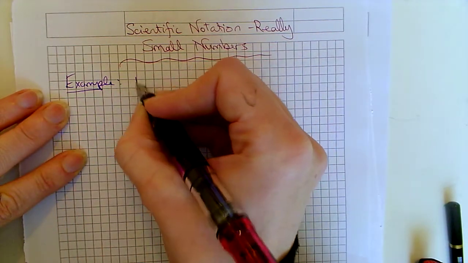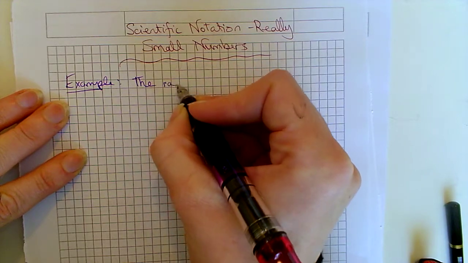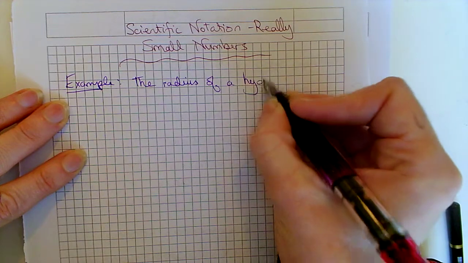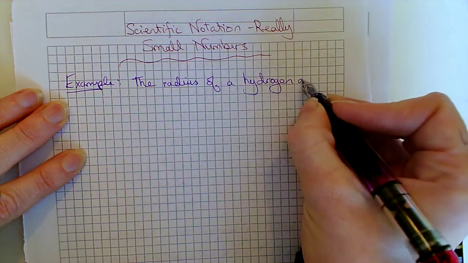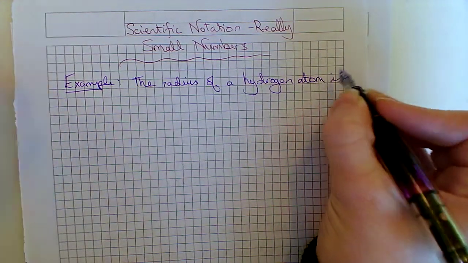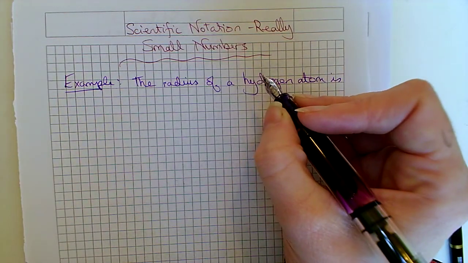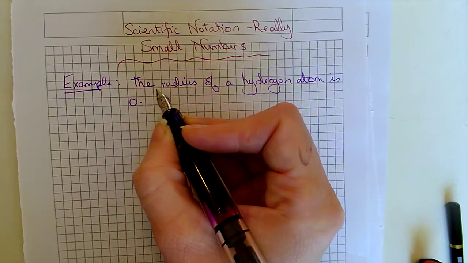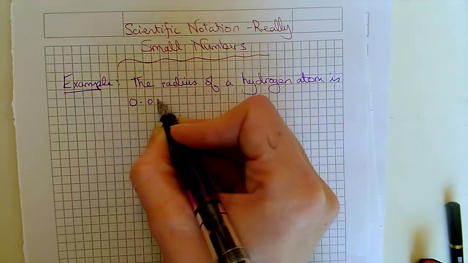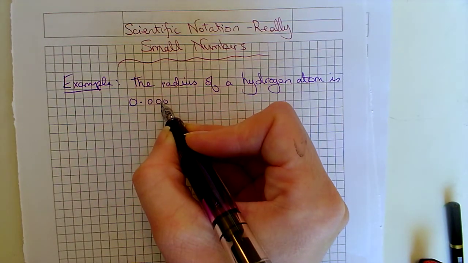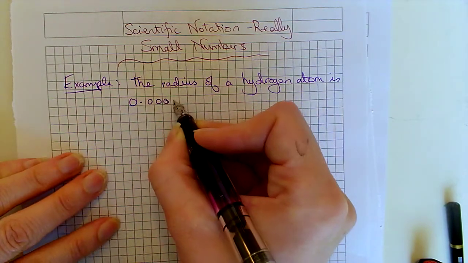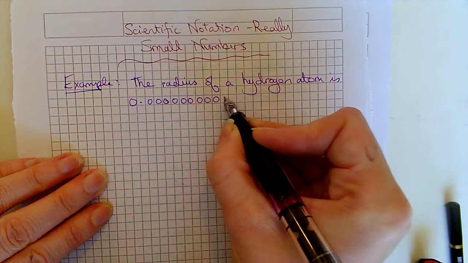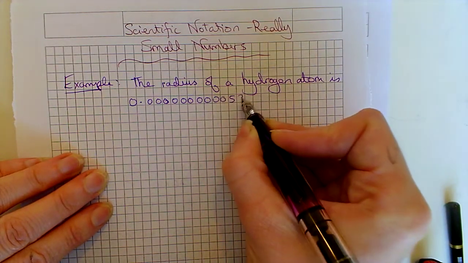If we're told the radius of a hydrogen atom is, and let's just see exactly what it is, 0.123, these can be hard to write down, 4, 5, 6, 7, 8, 9, 10, then 5, 3.